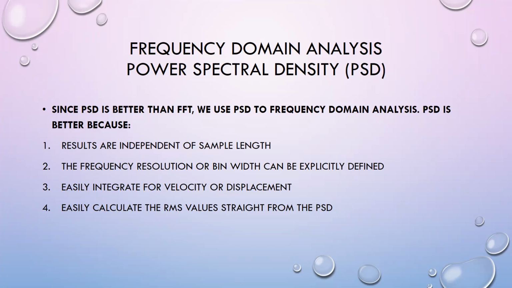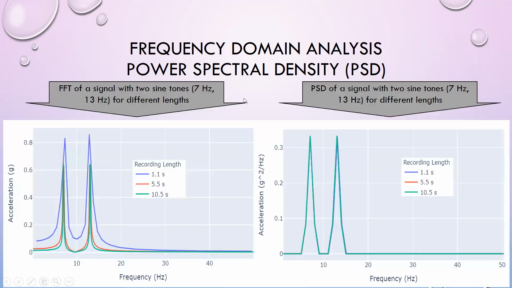The frequency resolution or bandwidth can be explicitly defined in the PSD, and you will see later in the results how. Easily we can integrate the results to find the velocity and the displacement without any filter, without any other modification.